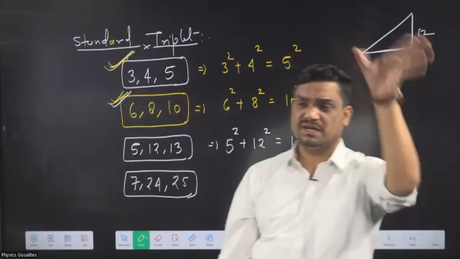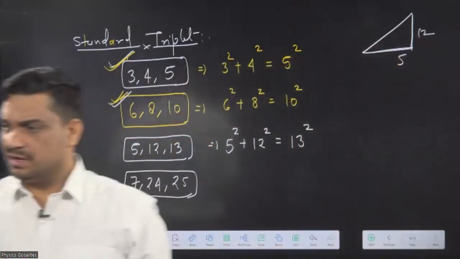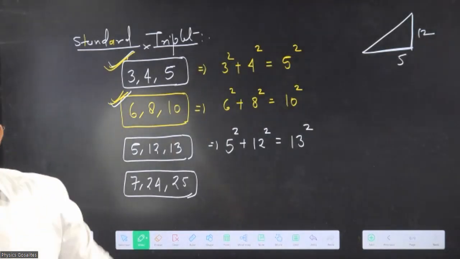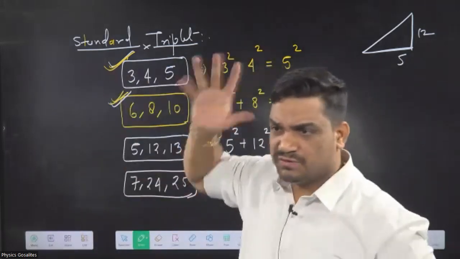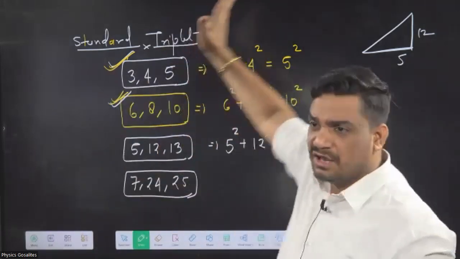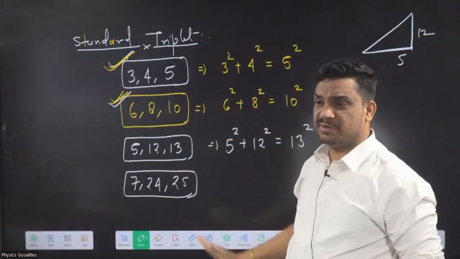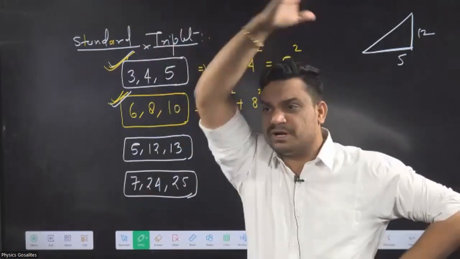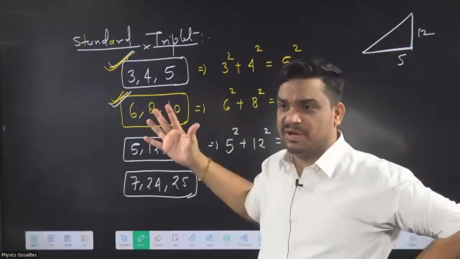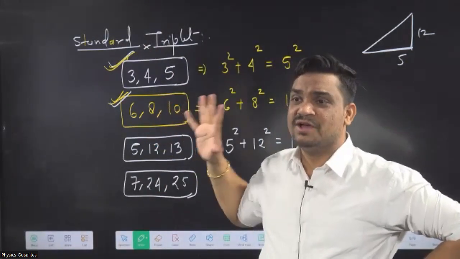3, 4, 5 out of that we'll use a lot of the time. Any problem in this one? So many triplets are there, but we cannot remember all of them. It's not that we start with triplets, go up to millions and then billions, and remember every triplet of this universe. I'm not saying that you have to remember each and every possible triplet.